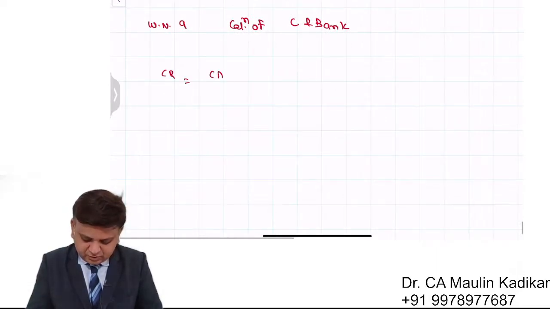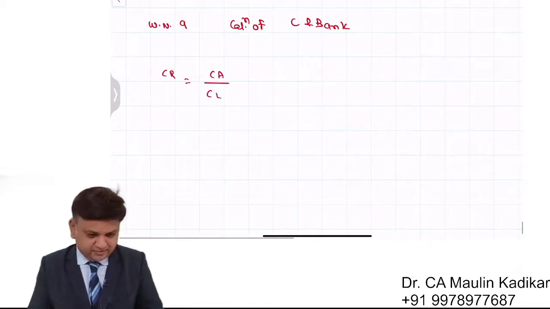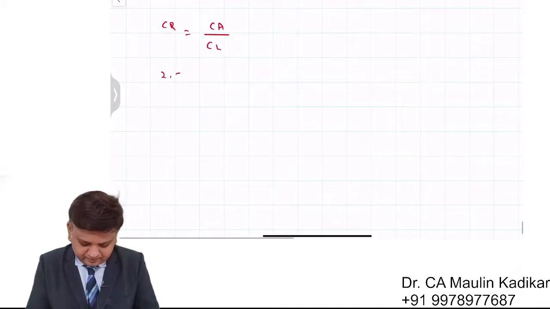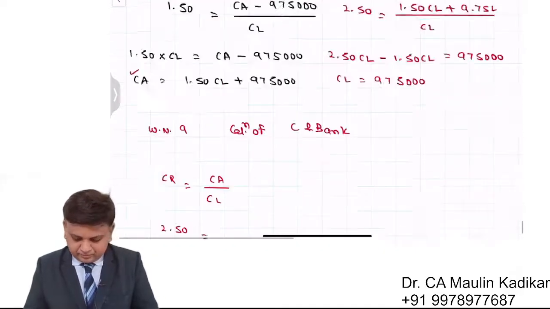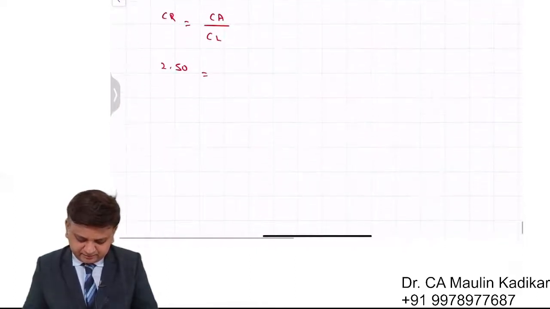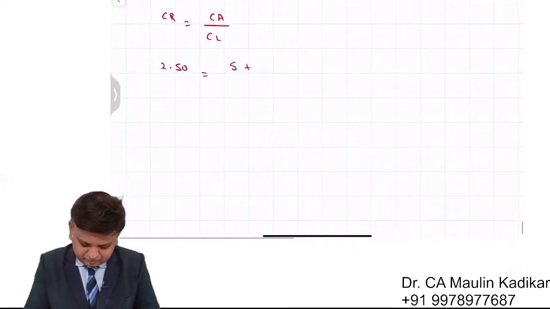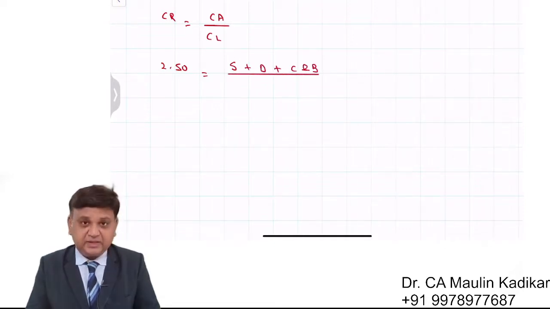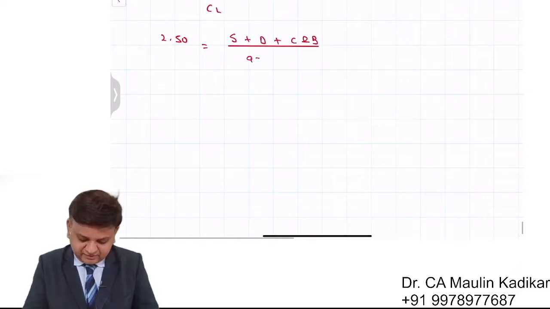Current ratio is equal to current assets upon current liabilities. Current ratio is 2.5. Current assets consist of stock, debtors, and cash bank, divided by current liabilities, 9,75,000.